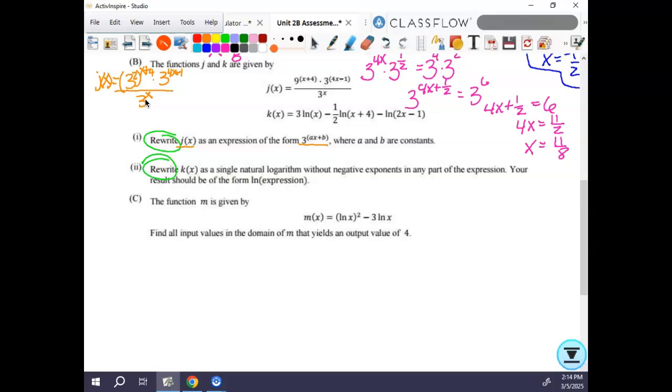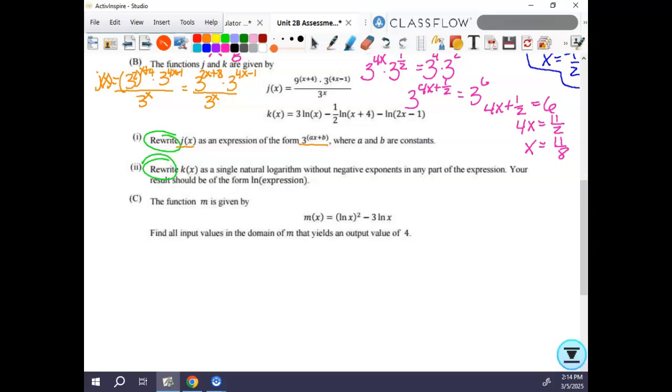Everybody with me so far? All right, in the numerator, I'm going to fix this here. So this gives me 3 to the 2x plus 8 power times 3 to the 4x minus 1 power all over 3 to the x power.